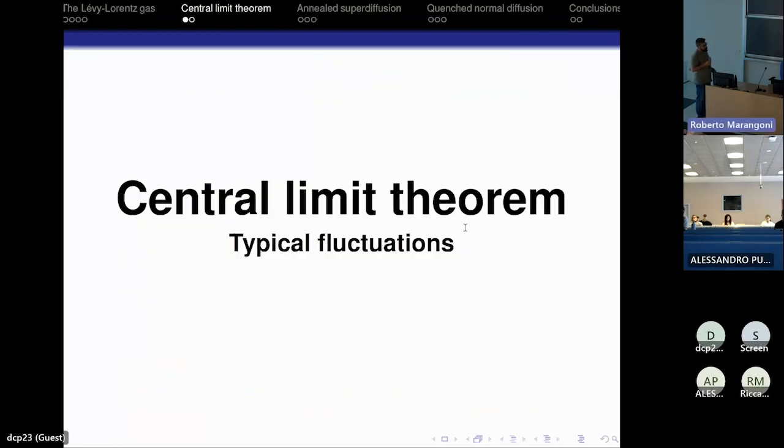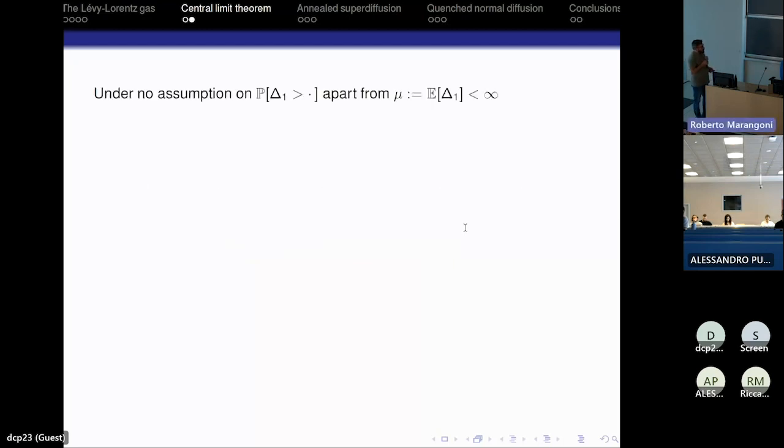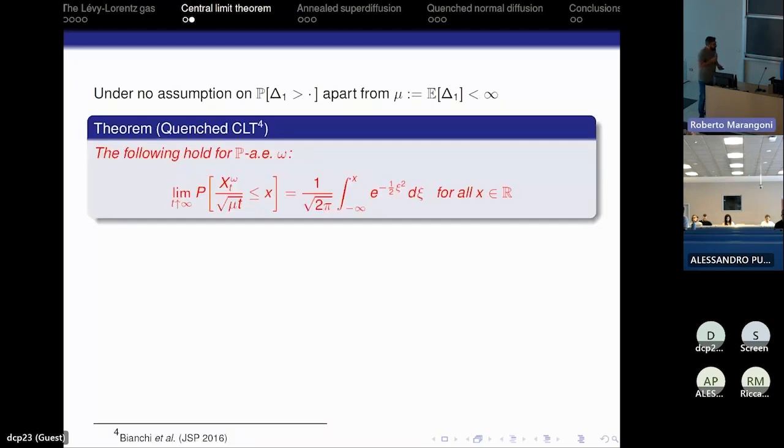Okay, so let's start the study of the fluctuations. The first fluctuations one wants to study are typical fluctuations. Basically, we are trying now to describe the central part of the distribution of the displacement of the particle. Alessandro Bianchi, Marco Lenci, Giampaolo Cristadoro, and Marilena Ligabue in 2016 proved the following quenched central limit theorem.